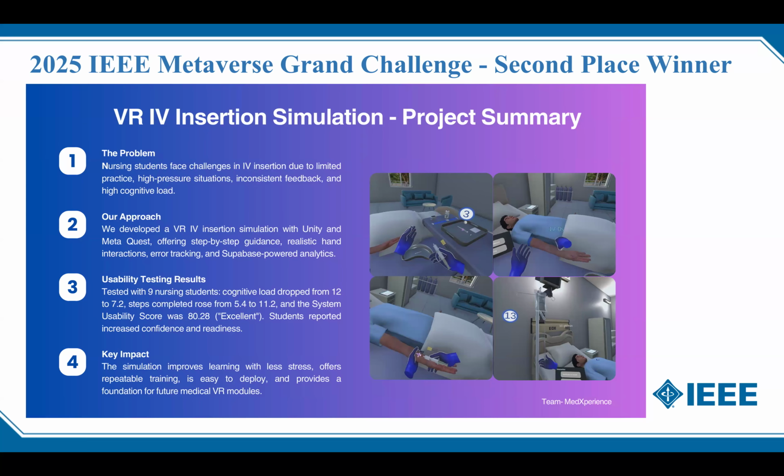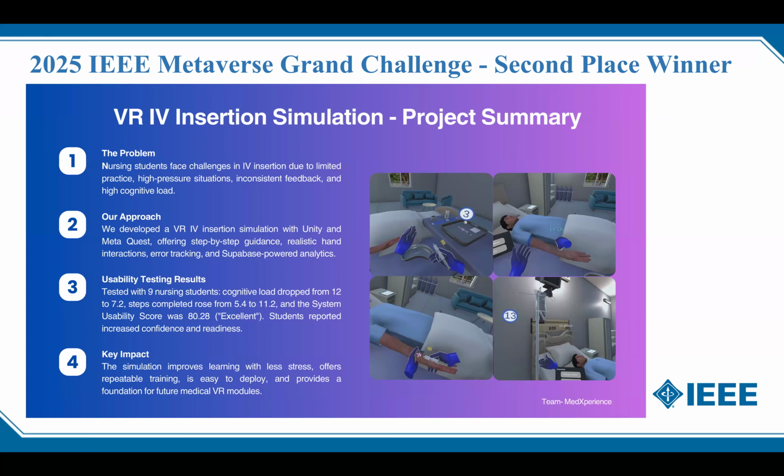The goal was to help learners, it means healthcare professionals, to practice IV insertion procedures in a safe, repeatable environment before performing them in real clinical settings, because it is not an easy way to engage with patients. You should practice in the metaverse environments to learn how to practice the IV insertion procedures.